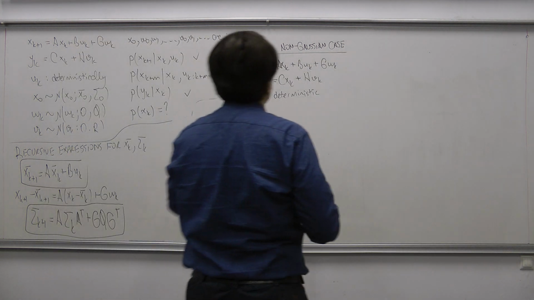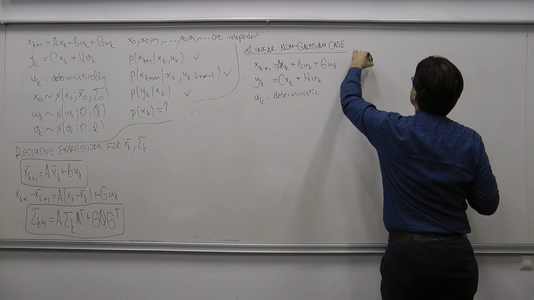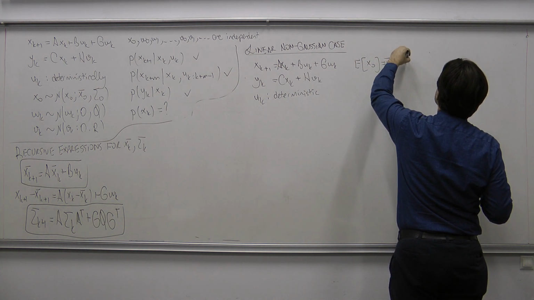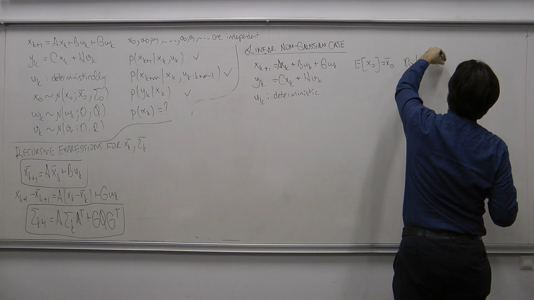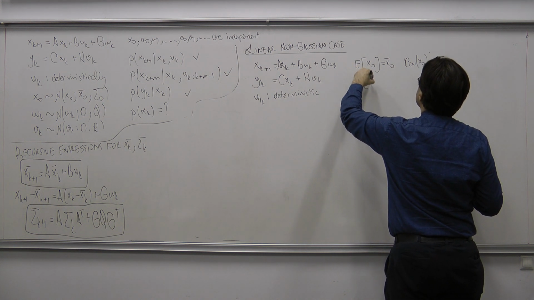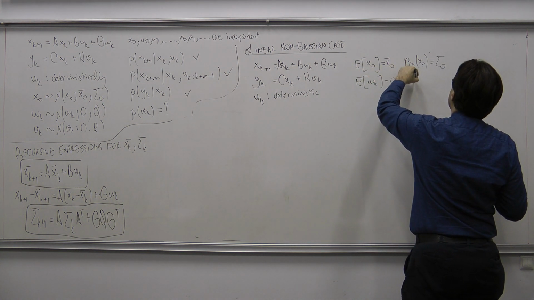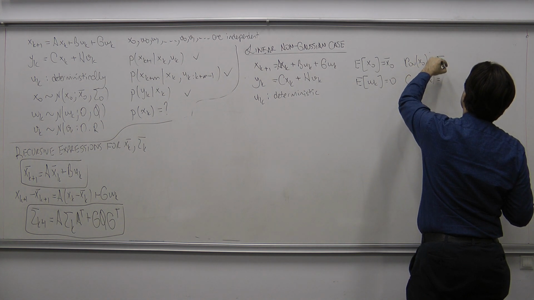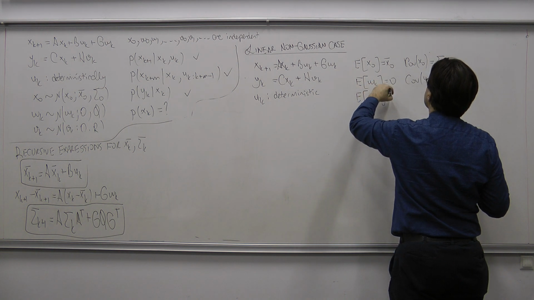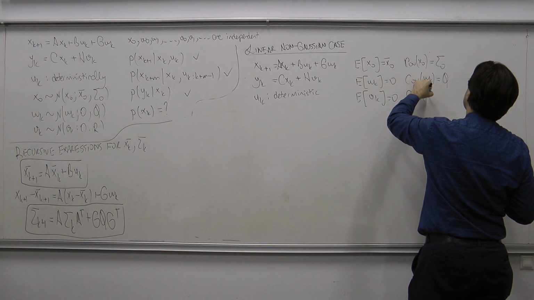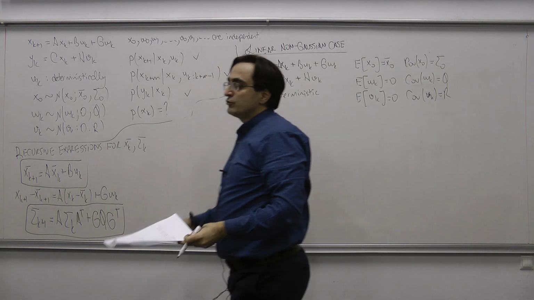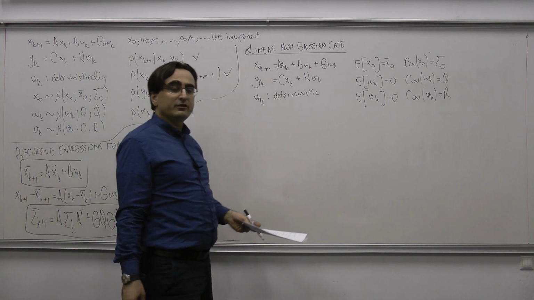So I can specify only the expected value and the covariance. Similarly, for w_k, the expected value of w_k is 0, and the covariance of w_k is equal to Q. And the expected value of v_k is equal to 0, and the covariance of v_k is equal to R. I can leave the distribution unspecified. The distribution can be anything non-Gaussian.